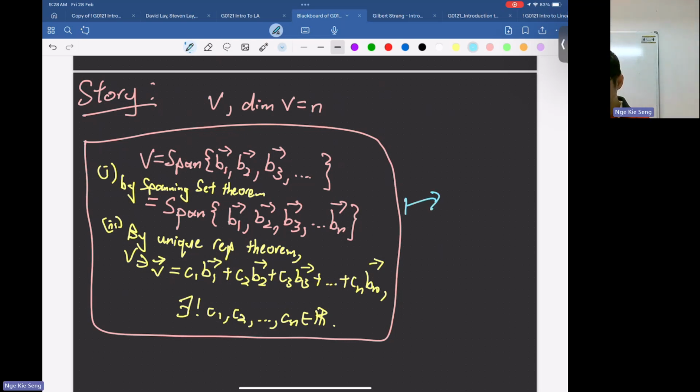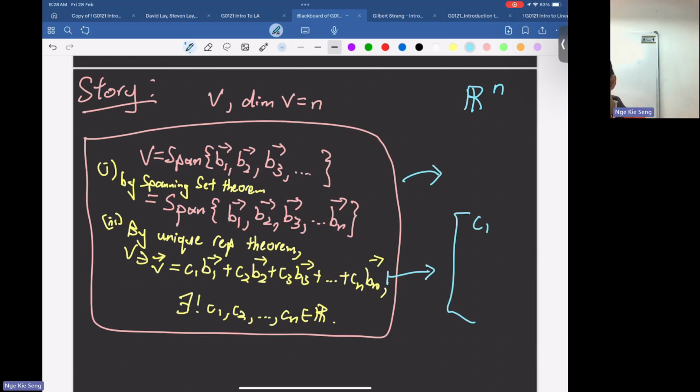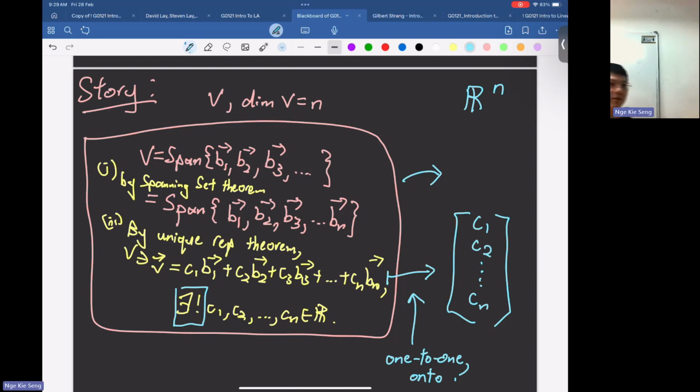From here, we build a construction to Rn. How to build it? We send this v to the vector that consists of the coefficients. The existence and uniqueness says that this map is one-to-one and onto.